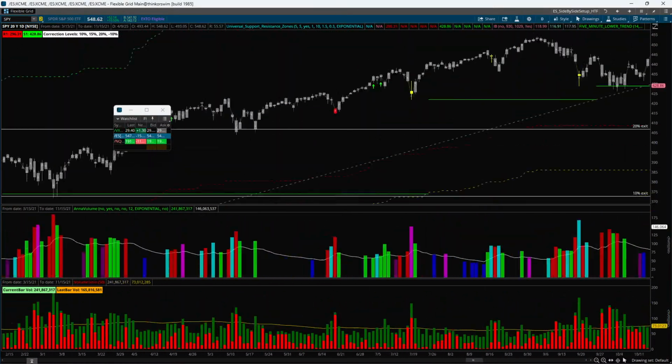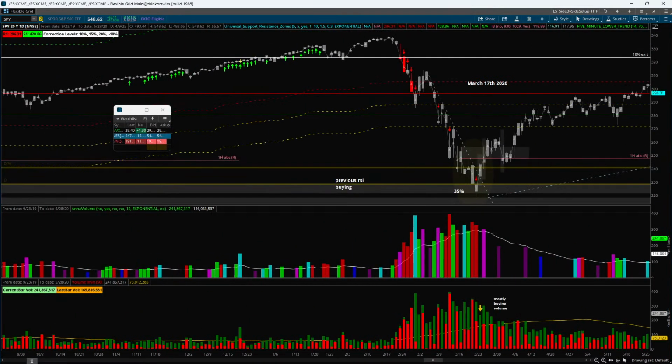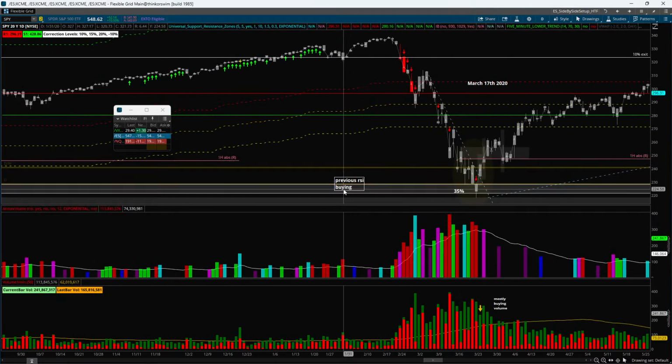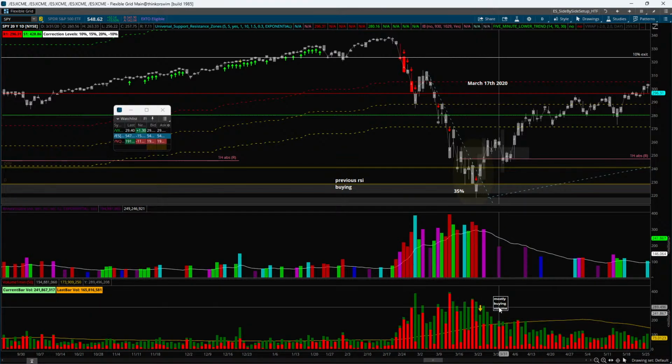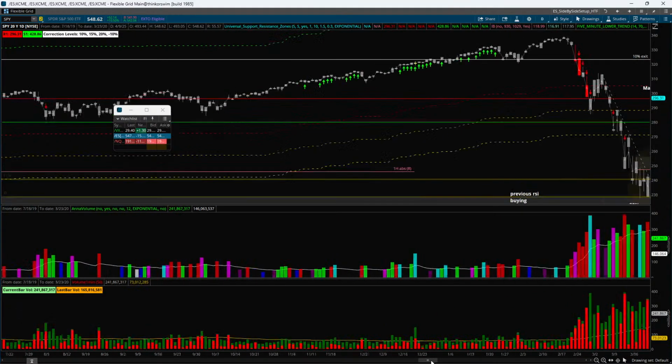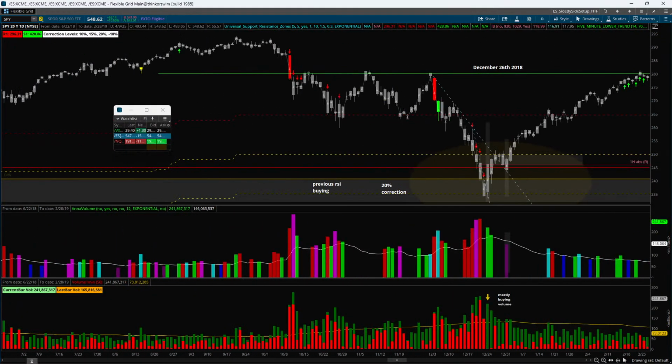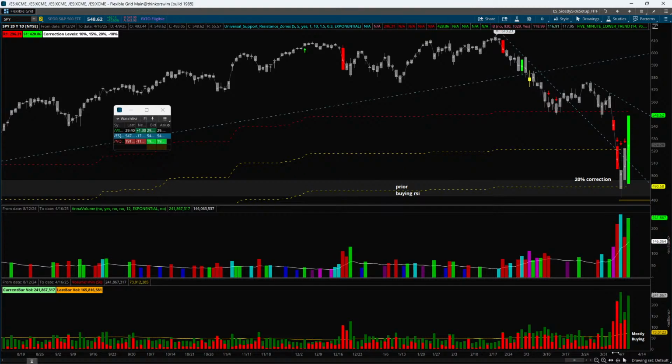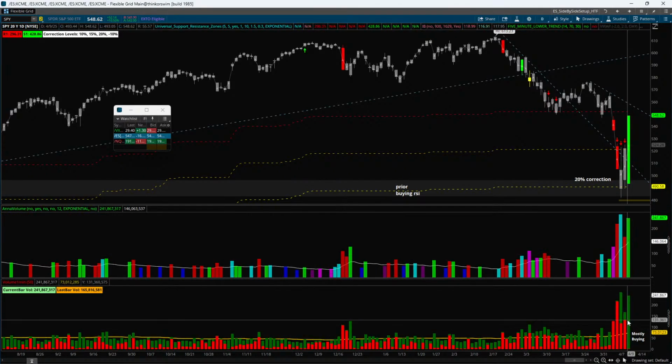We had it here also. Previous RSI buying, mostly buying volume, and then price up. Right, we had RSIs on that one here, and on that one there, and on this one here, and there's no buying volume, no selling volume.